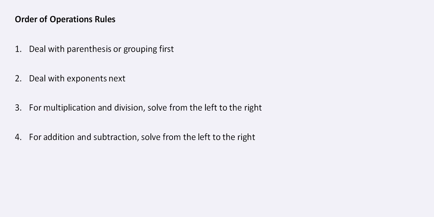And when you have multiplication and division in the same problem, you want to solve from the left to the right, and same for addition and subtraction, you want to solve from left to right. But multiplication and division will come before addition and subtraction.